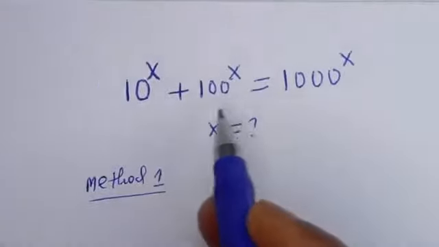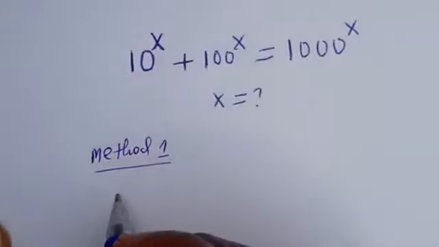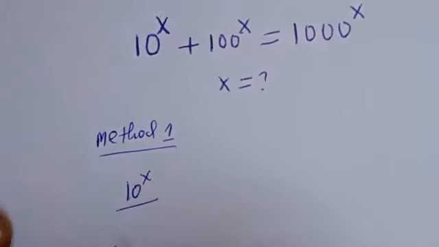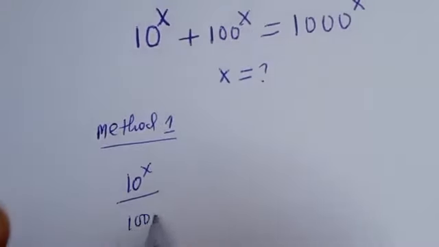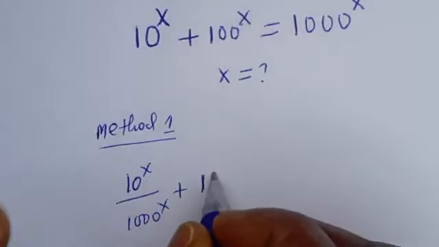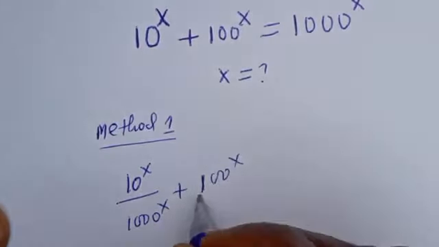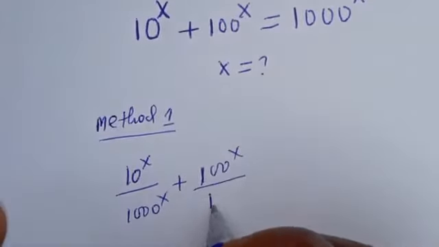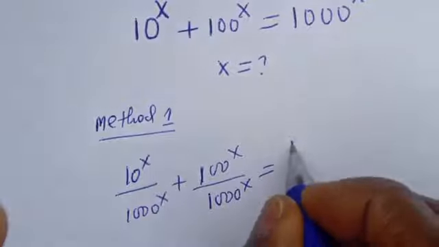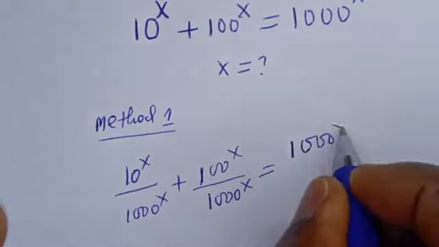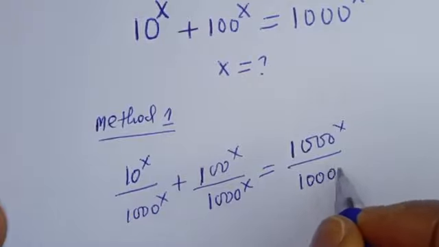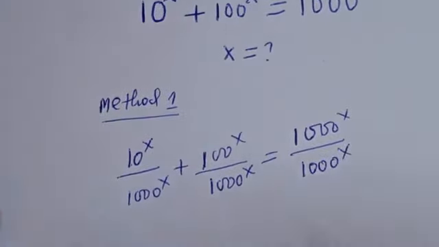Then here, we can divide all through by 1000. That is 10 to the power of x divided by 1000 to the power of x plus 100 to the power of x divided by 1000 to the power of x is equal to 1000 to the power of x divided by 1000 to the power of x.